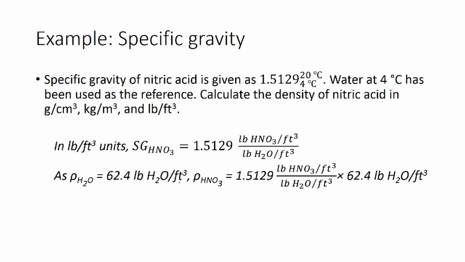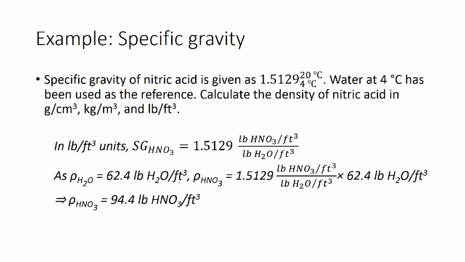Using the density of water as 62.4 pounds of water per feet cube, I can calculate the density of nitric acid as 1.5129 times 62.4, giving a final value of 94.4 pounds of nitric acid per feet cube. The units of pound of water per feet cube cancel off to finally give you the units of pounds of nitric acid per feet cube, which would be the units for the density of nitric acid.